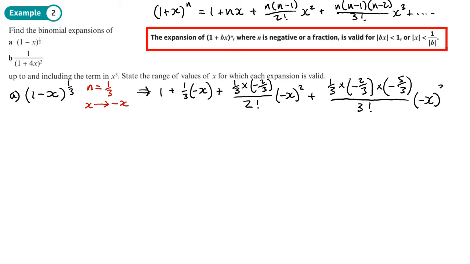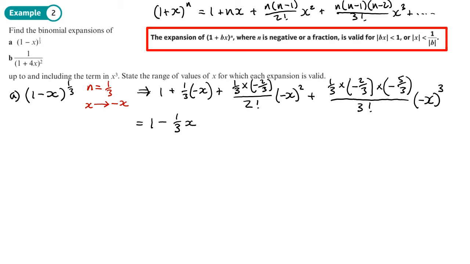So it's really important that you cube or you square everything that's in that second part of the bracket. Don't just square x or cube x and put a negative sign in front afterwards. That will be wrong. So now let's tidy this up. So you've got 1 minus a third x.